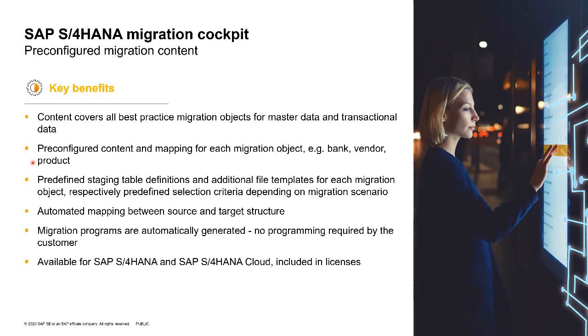And if you run the direct transfer, you will see this later, you also have the relevant selection criteria already in place. As already mentioned, we have the mapping between the source and target structure, the old world and the new world. All the necessary programs will be automatically generated in the background. Even if you create your own objects, this will also be done automatically.